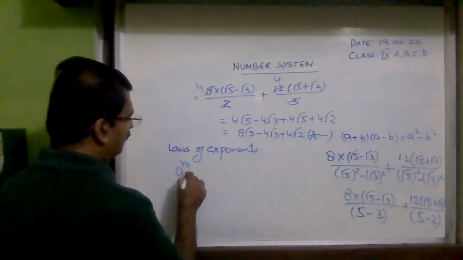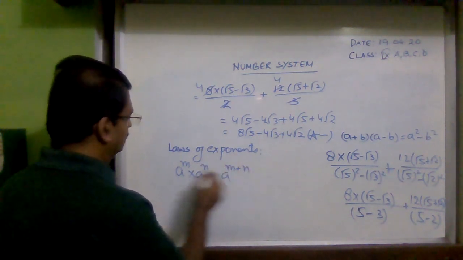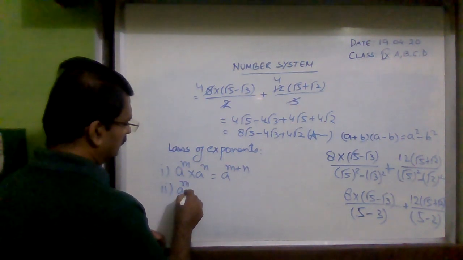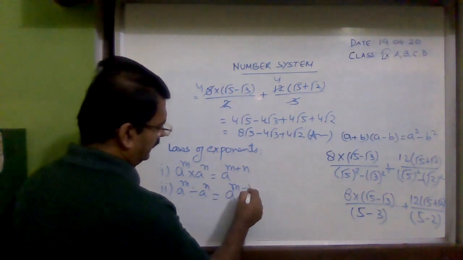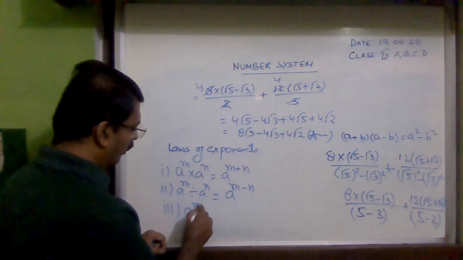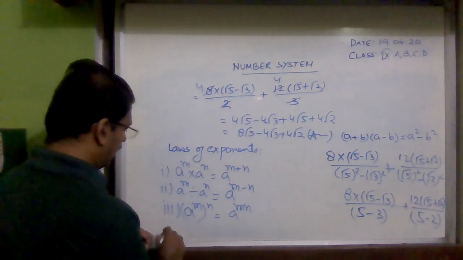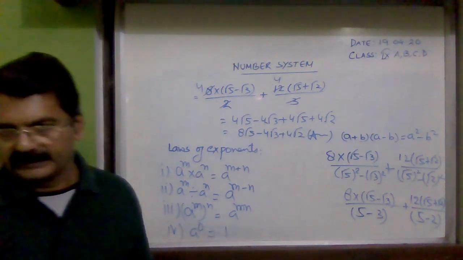A to the power m into a to the power n is equal to a to the power m plus n. Then a to the power m divided by a to the power n is equal to a to the power m minus n. Third one, a to the power m whole to the power n is equal to a to the power mn, and anything to the power 0 gives you 1.